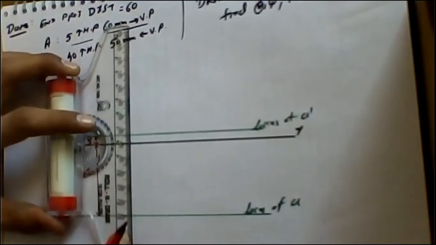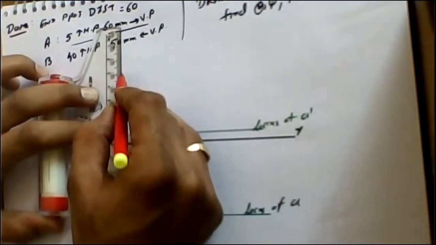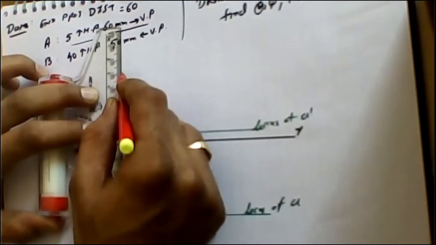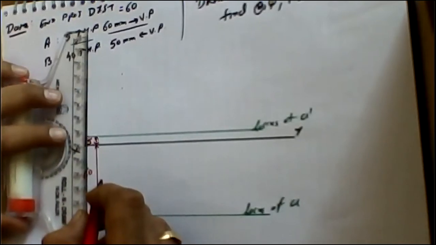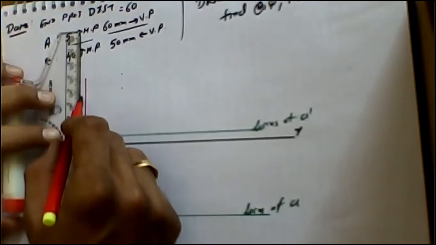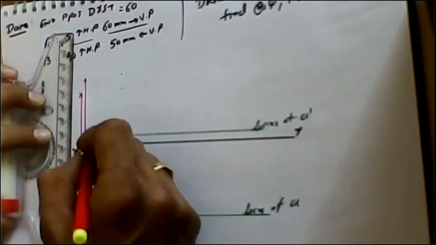So we'll be positioning a point above the reference at 40 mm as well as at 50 mm. This is going to be 50 mm, this is going to be 40 mm. Let us draft the locus for it also.